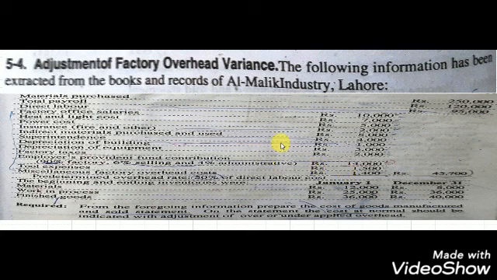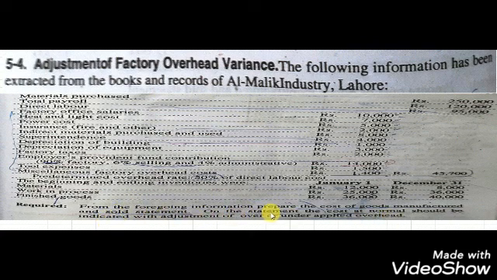Now students, here we have inventories, like material opening and closing, same as work in process, opening and closing, and finished goods inventory, opening and closing. Now the requirement is that from the foregoing information prepare the cost of goods manufactured and sold statement.